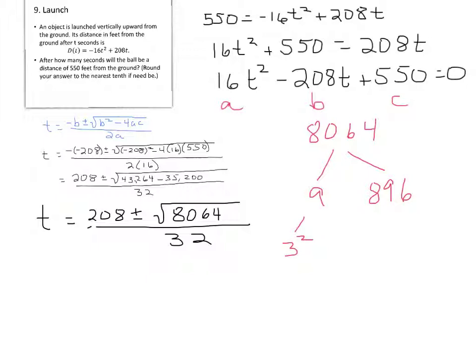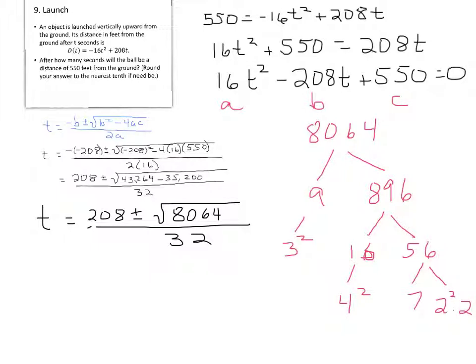And 896 divided by 16 is 56, so 16 and 56 go together, and 16 is 4 squared, and we can stop there for that. And 7 times 8 is 56, and 8 is 2 squared times 2.